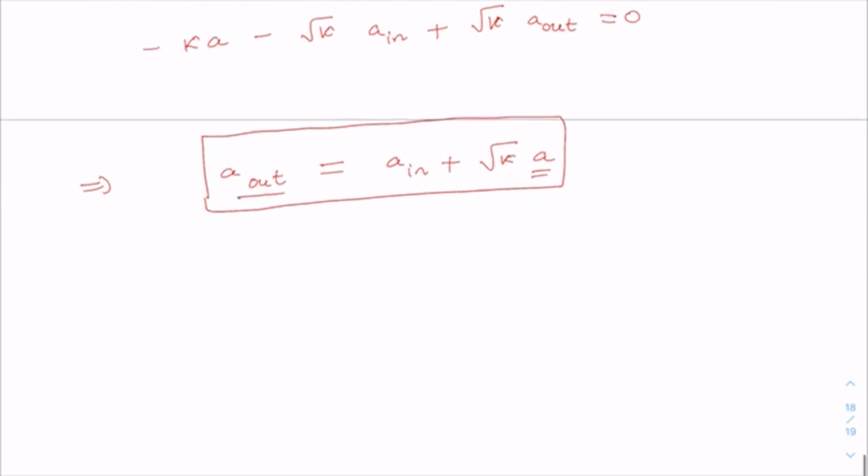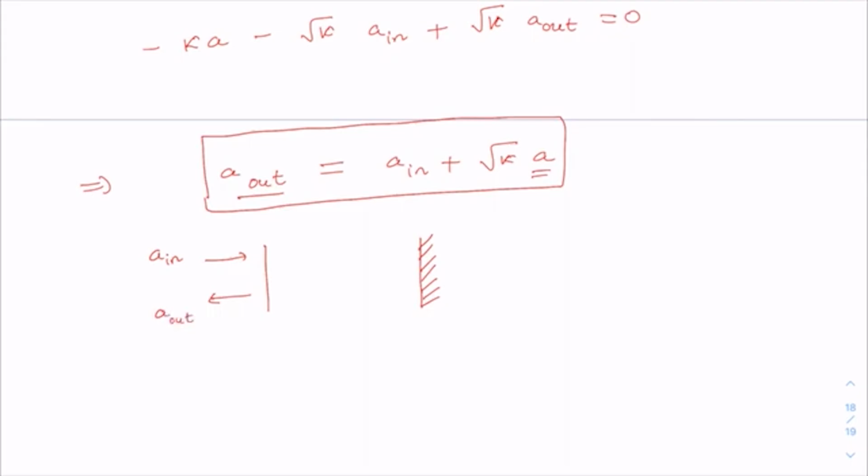In fact, we can represent it by a diagram here. So we have this Fabry-Perot cavity where one of the mirrors is perfectly reflecting and the other mirror is partially transmitting. Input is incident here, and the output is the reflected part.